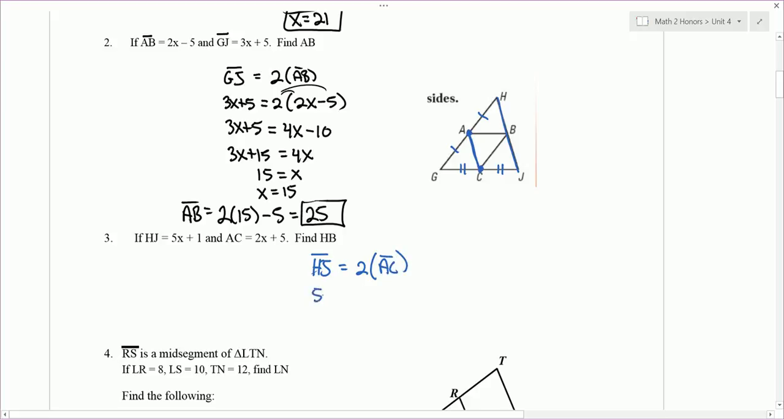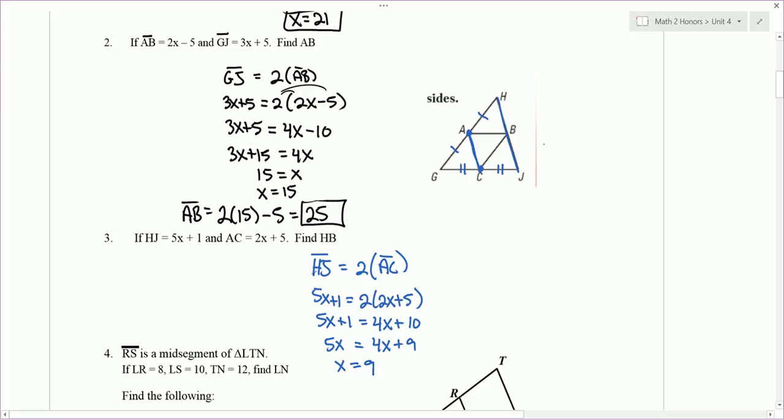So 5x plus 1 is equal to 2 times 2x plus 5. Subtracting 1 from both sides, we get 5x is 4x plus 9. Subtracting 4x, we get x equals 9.